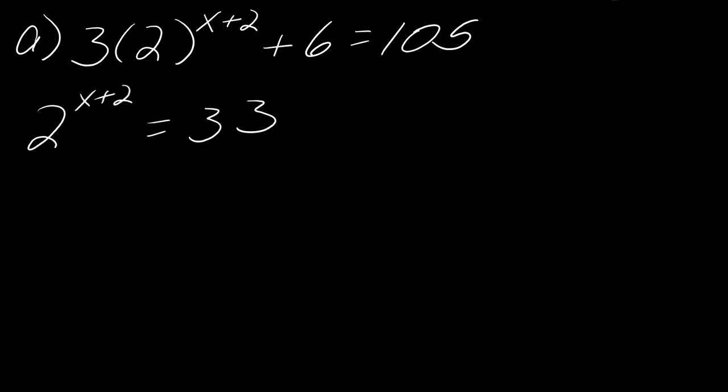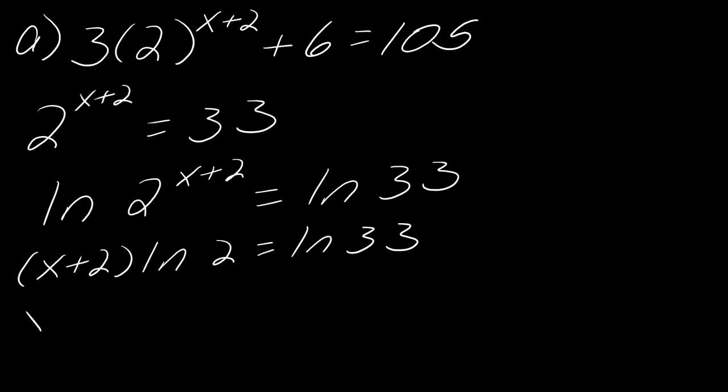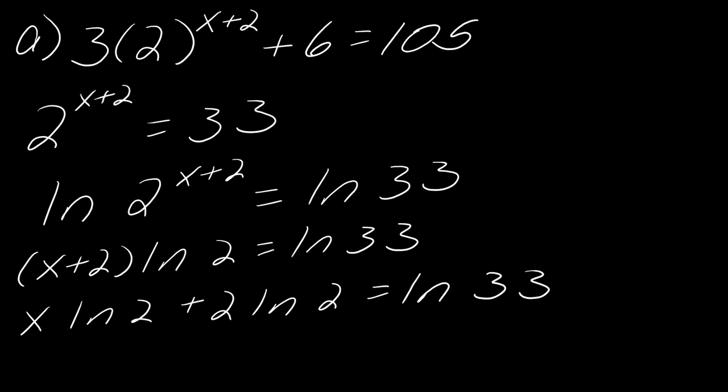I'm going to clear some space. All right, so I'm just going to take the natural log of both sides, and then I'll bring down the exponent, and then I can distribute. Okay, so I need to clear a little space.